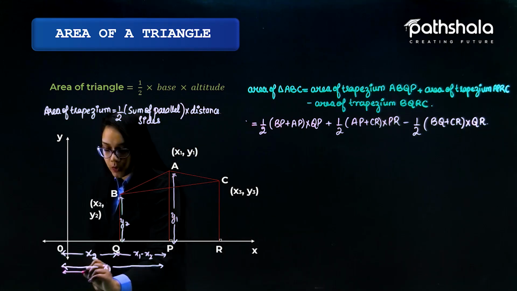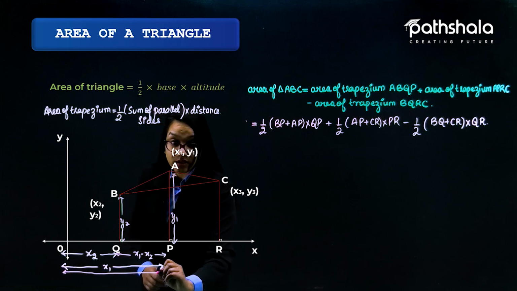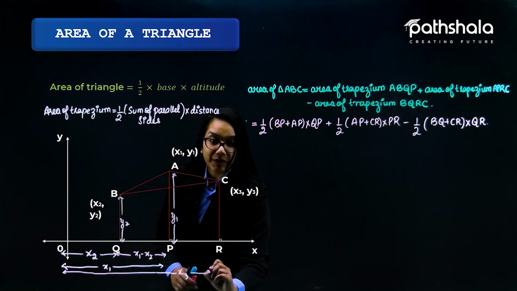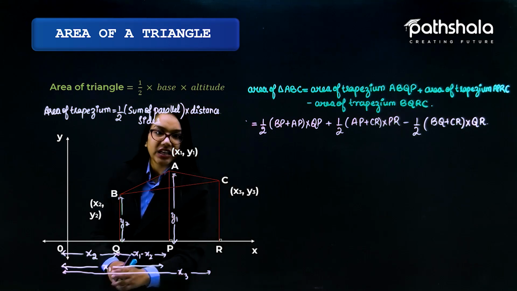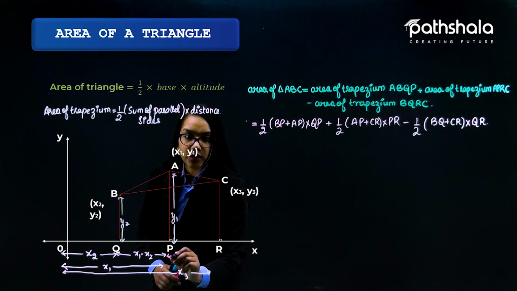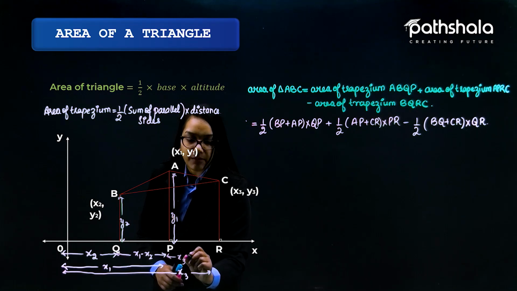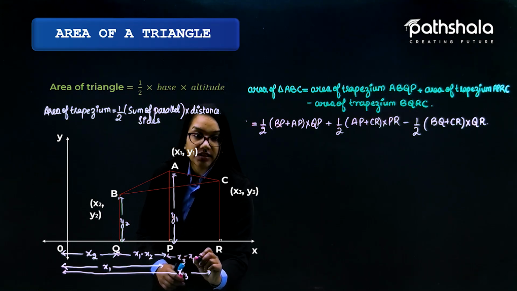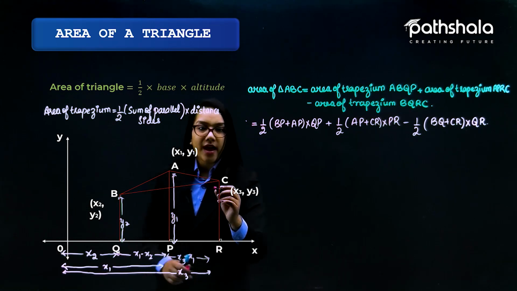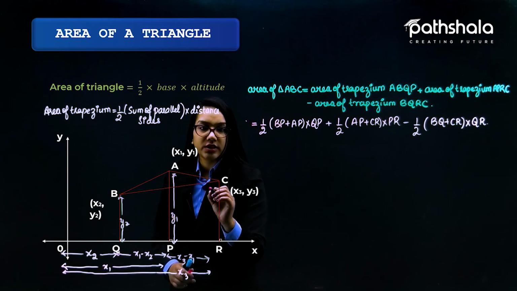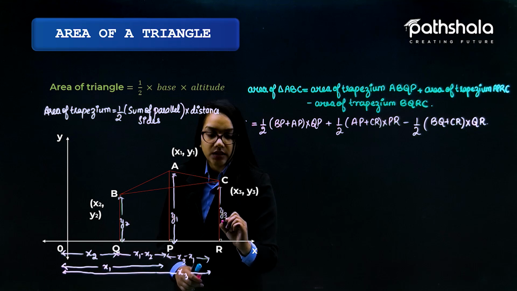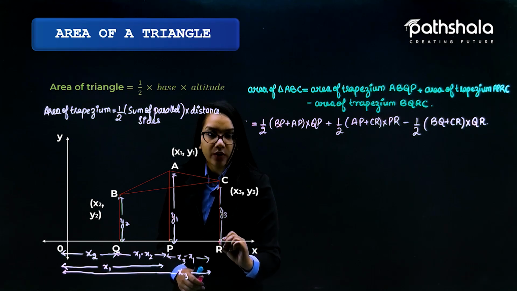So this whole distance is x3. If this is x3 and this is x1, then PR is a distance of x3 minus x1. And the total CR distance is y3. So let's plug in all the values.